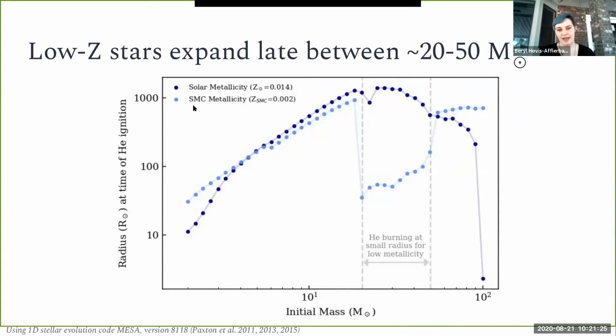And we find that at lower metallicity, at SMC metallicity, the stars between about 20 to 50 solar masses don't expand past about 100 solar radii at that point, while below and above that mass range, as well as at solar metallicity, they expand to around 1,000 solar radii, an order of magnitude higher. Therefore, we expect stripped stars to be very rare in the SMC, but in this mass range.